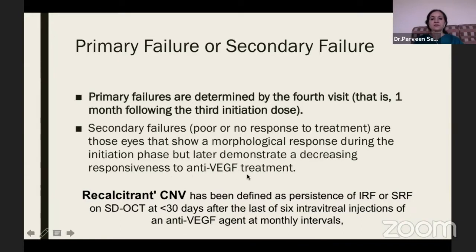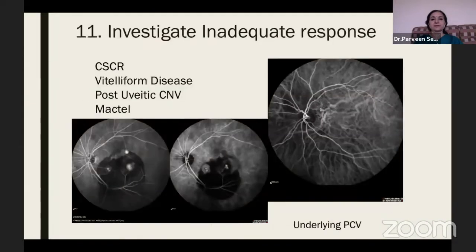And recalcitrant CNV is something where after 6 intravitreal injections also, the patient does not respond. Only then you are justified in calling it a recalcitrant CNV, and that too after 6 monthly injections. So a proper protocol, if it has been followed for 6 months, then only if the CNV does not respond, you label it as a recalcitrant CNV.